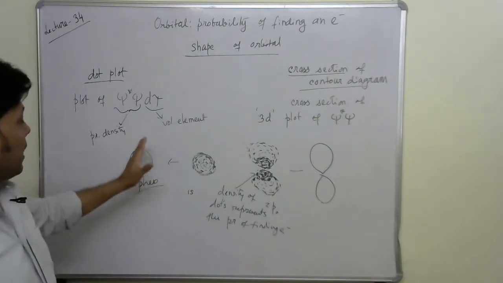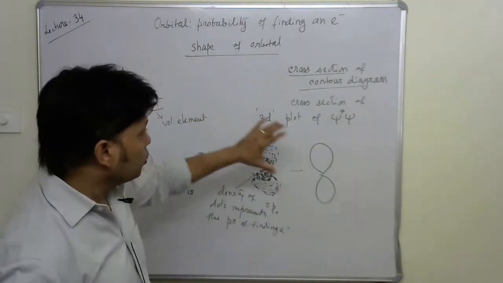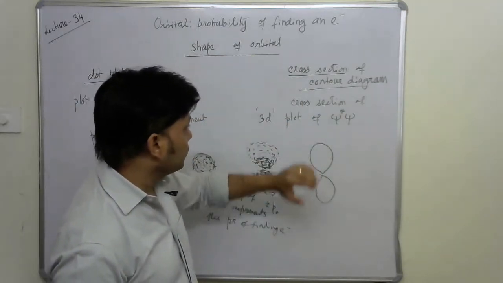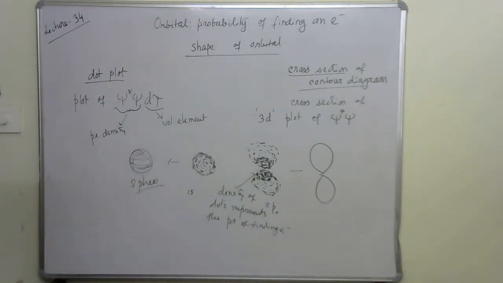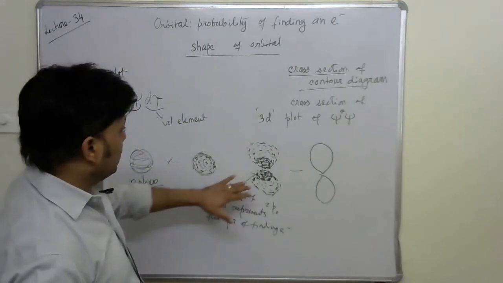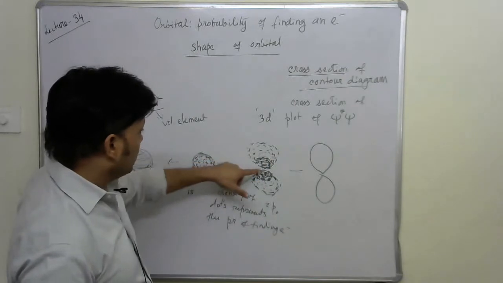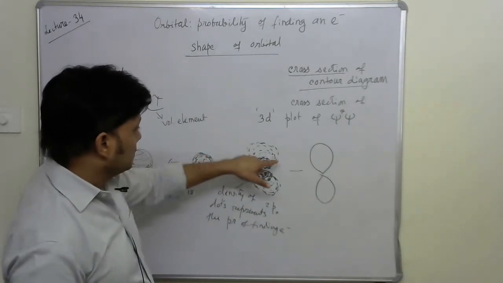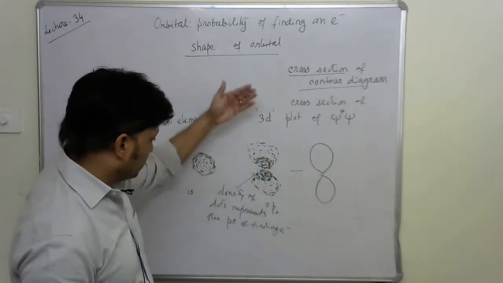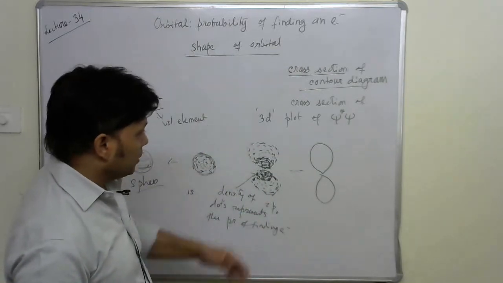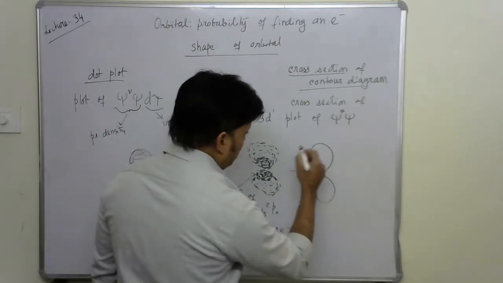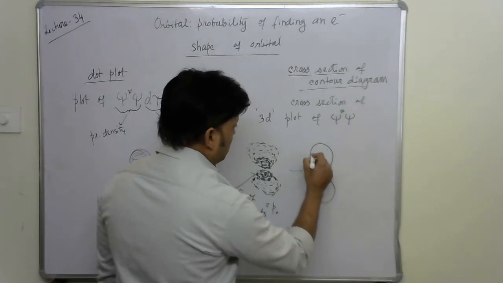Now, another way is the contour diagram. The contour diagram is nothing but the cross section of the 3D plot of chi star chi. If you take the cross section of this p orbital, you will find the cross section gives you some contours.